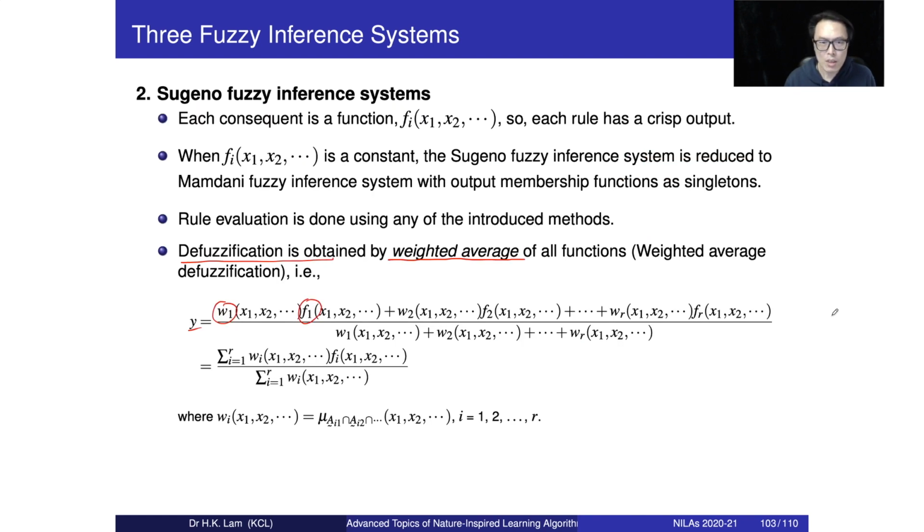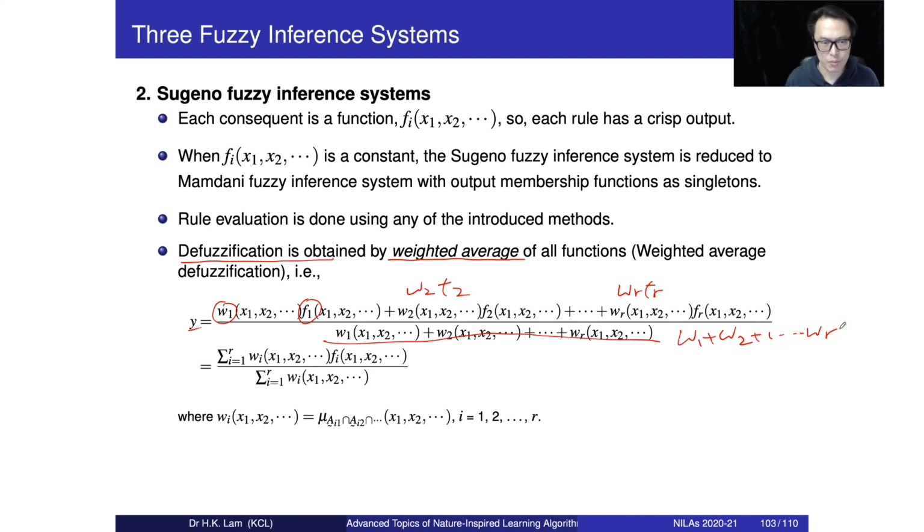So the numerator is w1 times f1, plus w2 times f2, plus up to wr times fr, and the denominator is just the sum of all the membership weights.